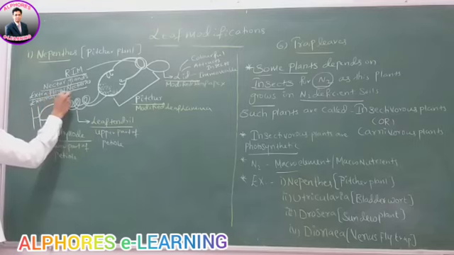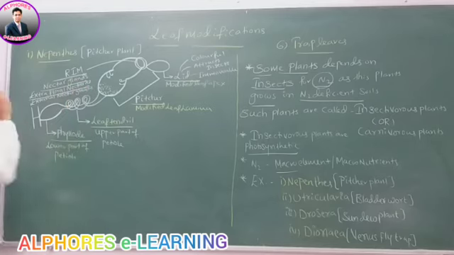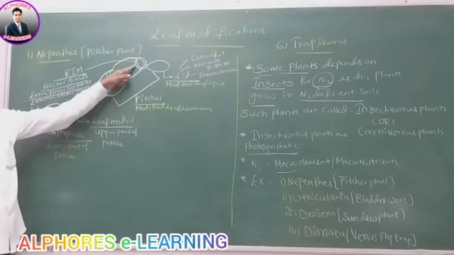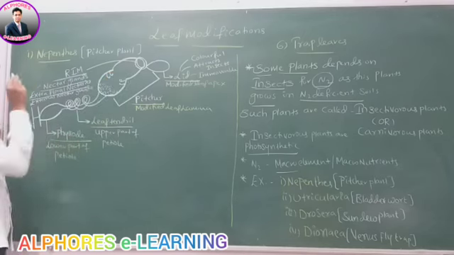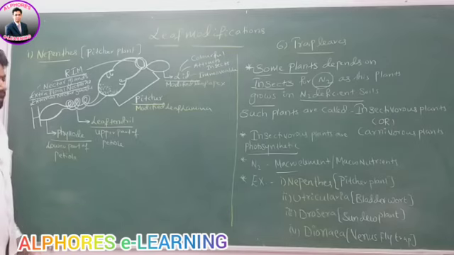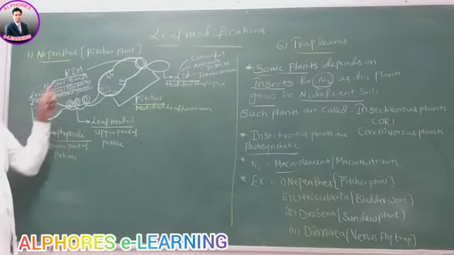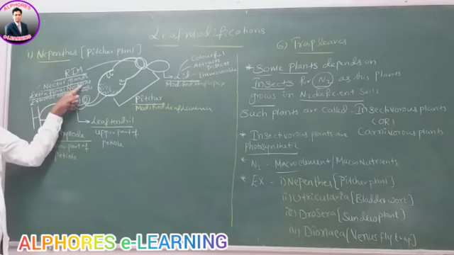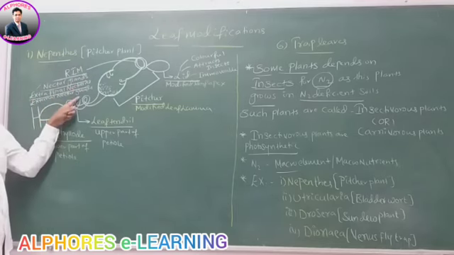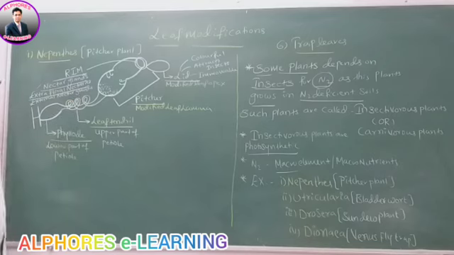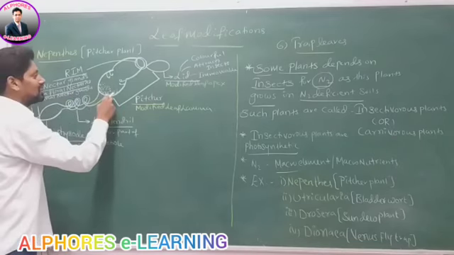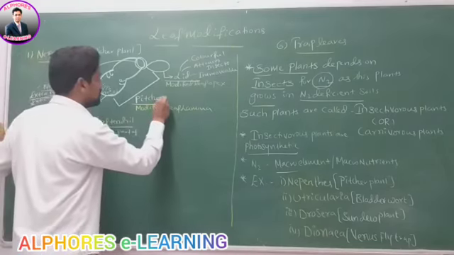Therefore, the rim contains nectar glands. Generally nectar glands should be in the flower, but these nectar glands are not in the flower. That's why we are calling these nectar glands extrafloral nectaries or external nectar glands.